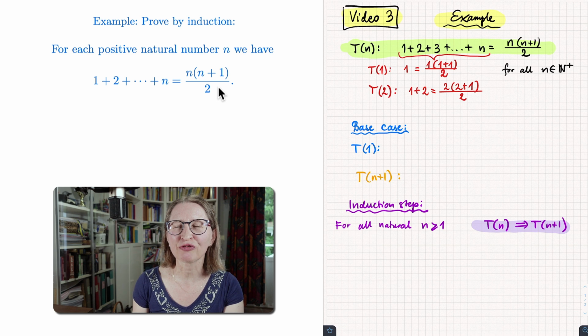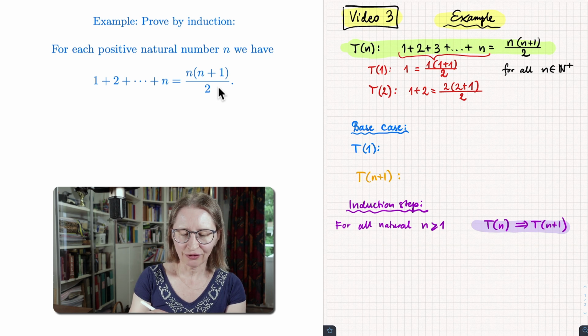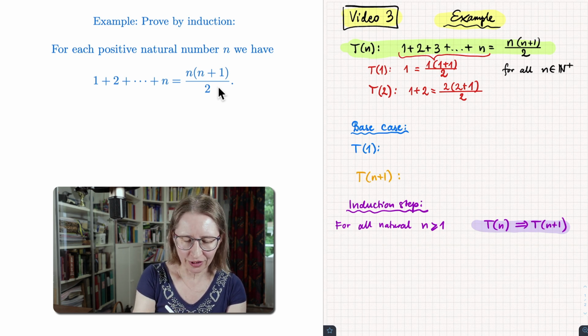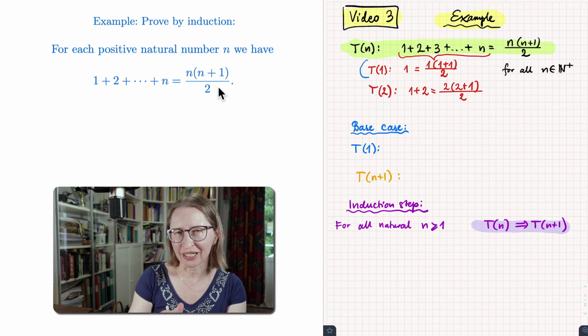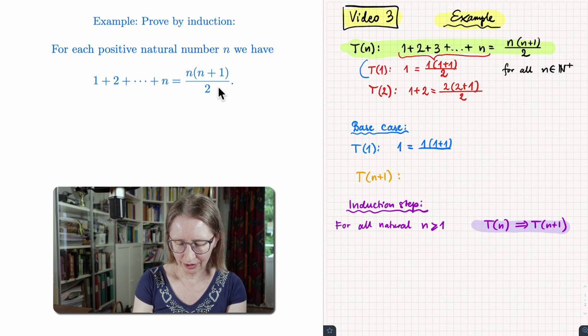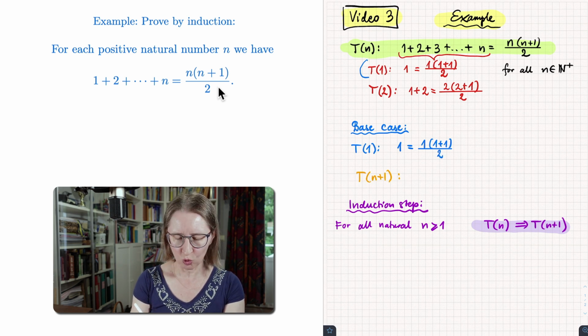And now it's time to verify the base case, right? T(1). I have prepared some space here for T(1), so I will write it here. T(1) tells us that 1 is equal to 1 times (1 plus 1) divided by 2. Is it a true statement? What is the left-hand side?